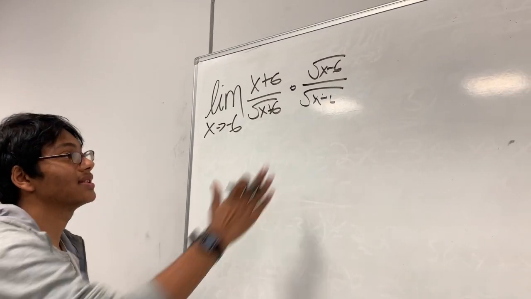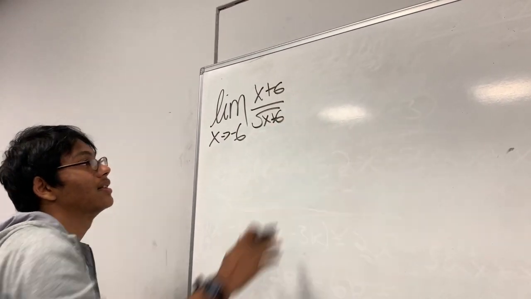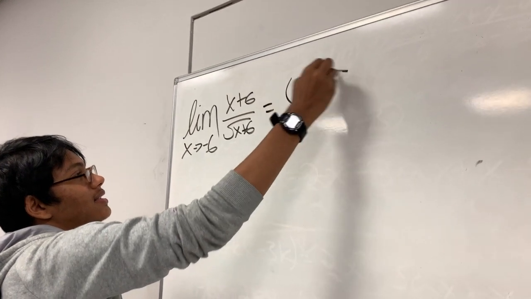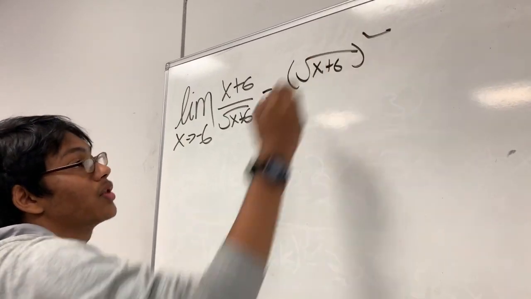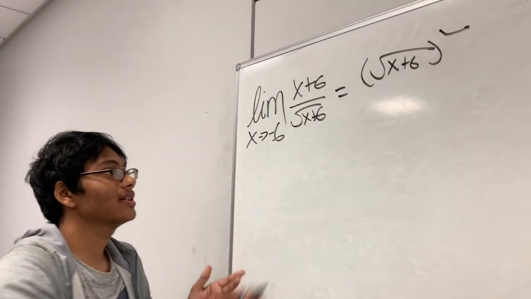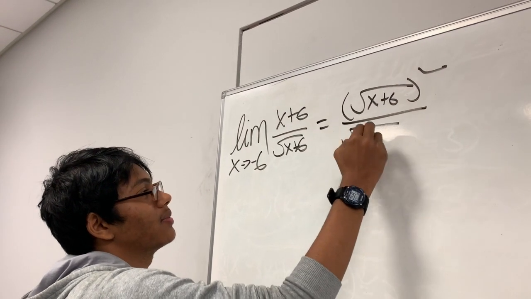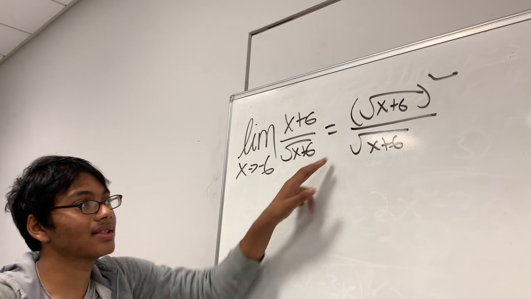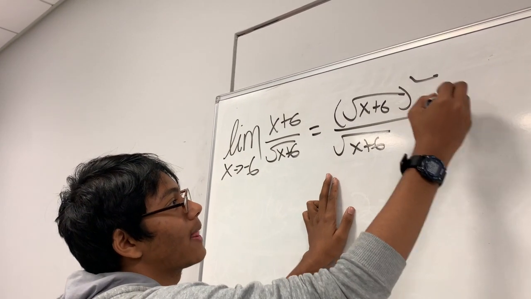What you have to do is, instead of simplifying the denominator, let's try to simplify the numerator. X plus 6 is the same thing as square root of x plus 6 squared, correct? Well, the good thing about that is that now we can simplify f of x into something much simpler.